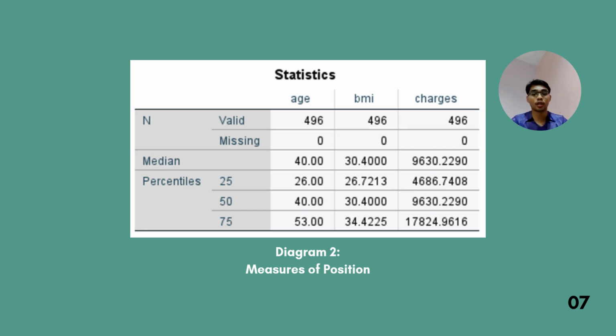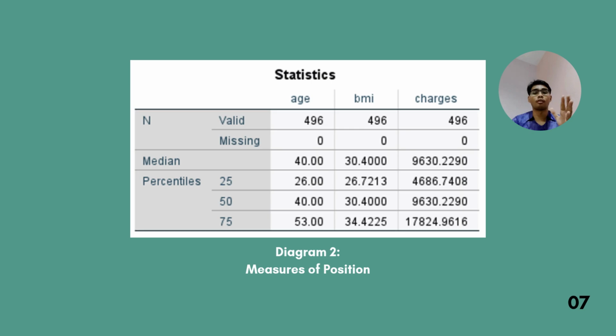For the insurance charge quantiles, Q1 is 4,686 ringgit 74 cent, Q2 is 9,630 ringgit 23 cent, and Q3 is 17,824 ringgit 96 cent.